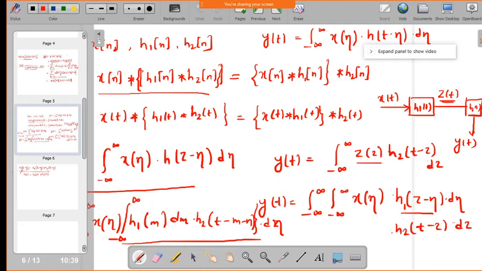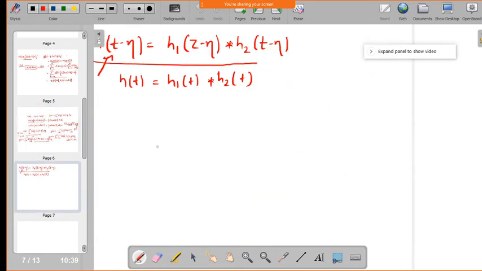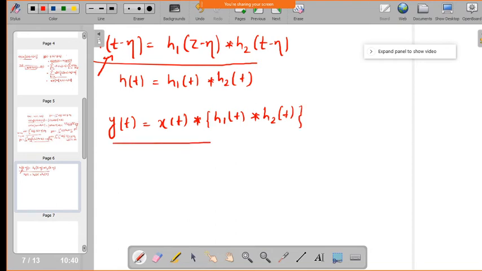So that will give the proof for the associative property. So your y of t will be equal to x of t convolved with h1 of t, again convolved with h2 of t. Okay, so this is your output.